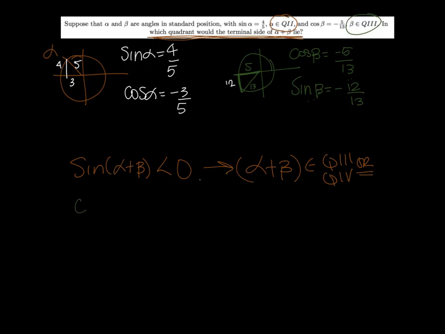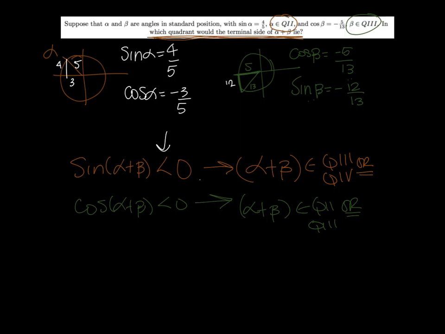And if the cosine of alpha plus beta is less than 0, we know that alpha plus beta must live in quadrant 2 or quadrant 3. Now, again, if we flip this comparison sign here and we say that they're greater than, we get the remaining quadrants. So we're just going to look for overlap in where we think it could live.